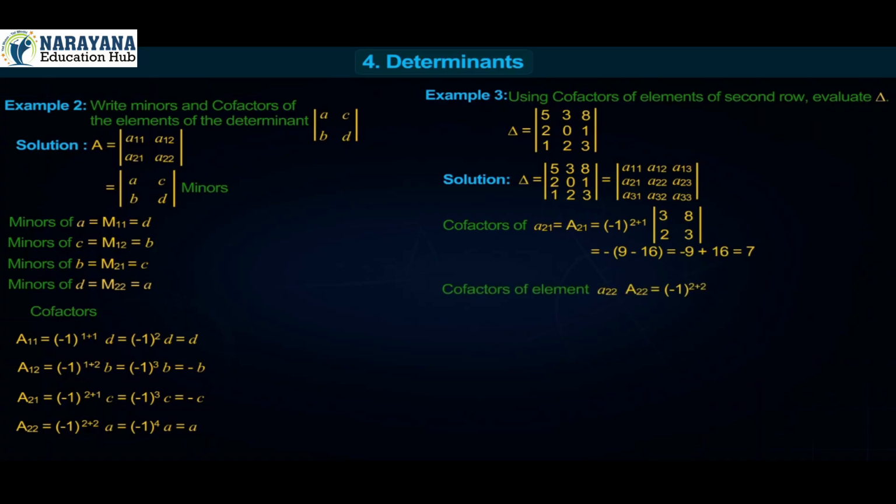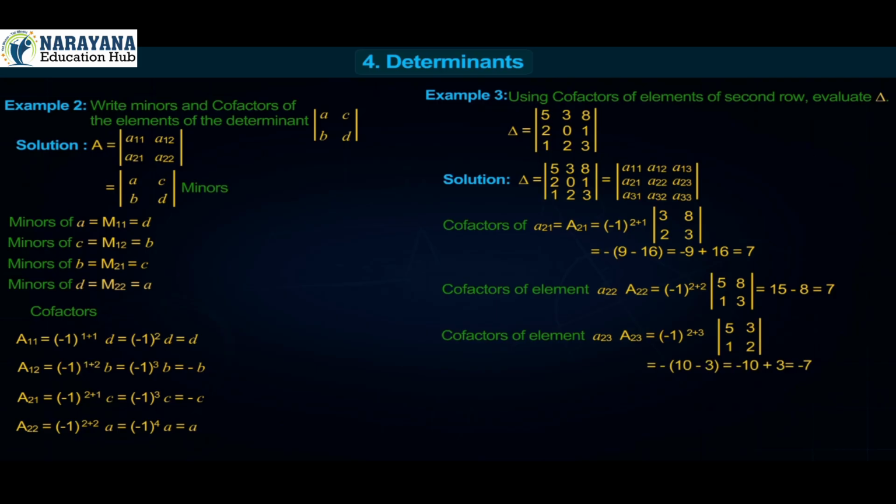which is equal to 7. Cofactor of element A22 is equal to (minus 1) raised to 2 plus 2 into determinant |5, 8; 1, 3|, which is equal to 15 minus 8, which is equal to 7. Cofactor of element A23 is equal to (minus 1) raised to 2 plus 3 into determinant |5, 3; 1, 2|, which is equal to minus 10 minus 3, which is minus 10 plus 3, which is equal to minus 7.